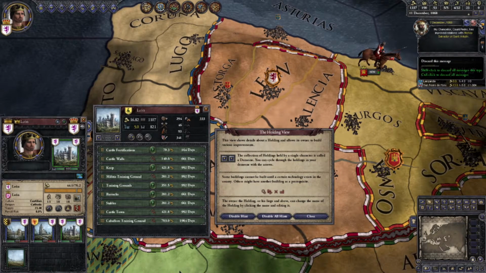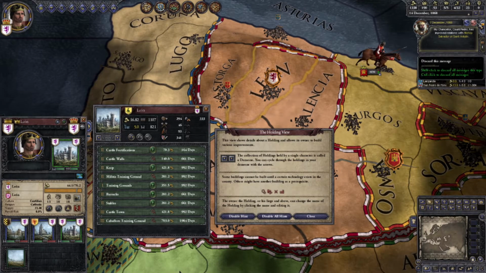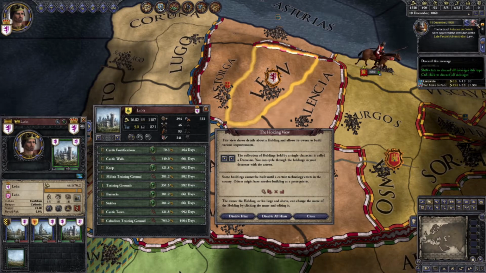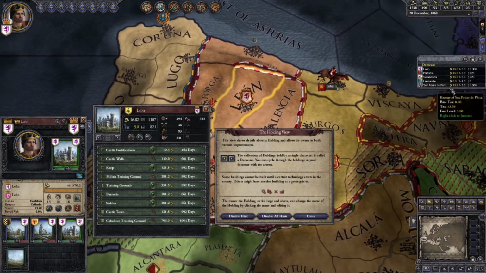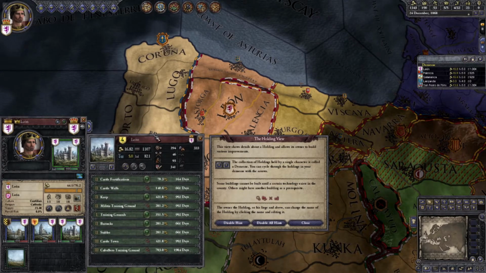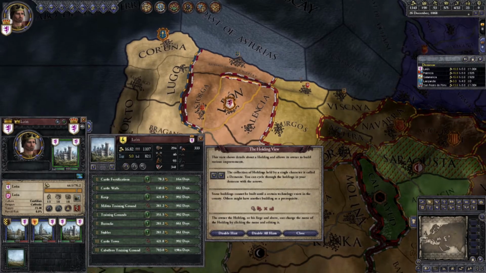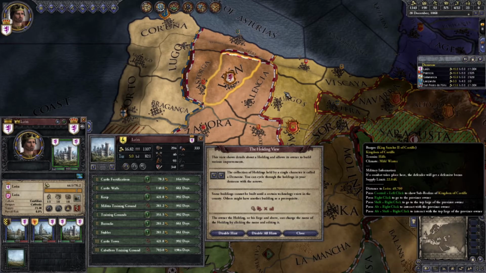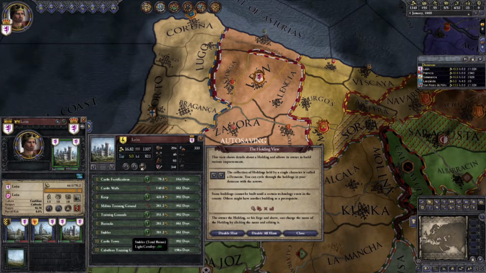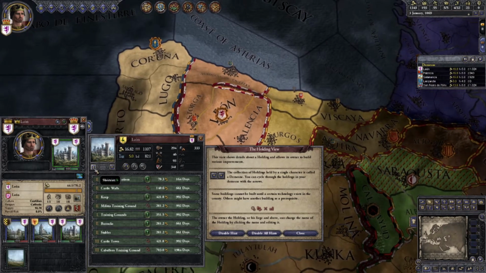Cool, we have improved relations with the Bishop Salvador. Oh, nice. Alright. Definitely the longest sound effects of a Paradox game. Really makes it feel like you're in Lyon. Alright, so... Oh god.